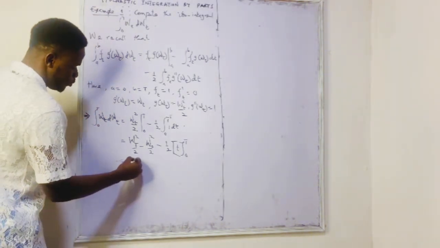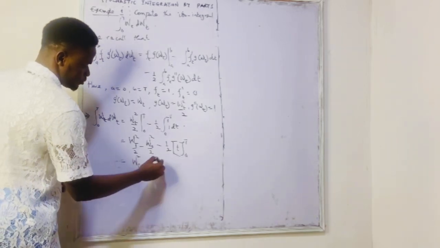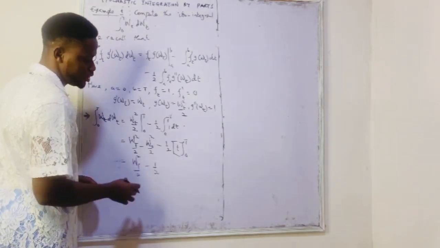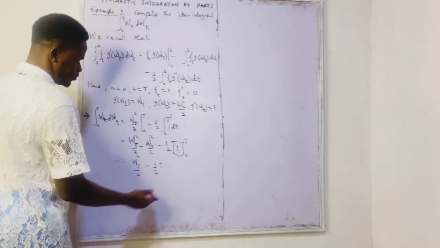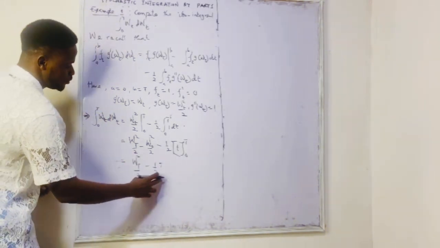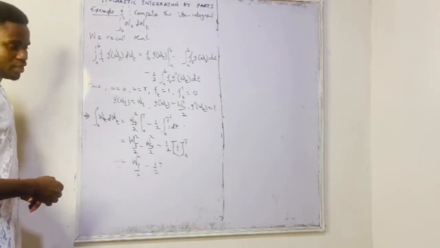So we'll be left with W_t squared. Then, if you put in the limit point here, I'll be having half t minus half times 0, which is 0. So this is simply the result of this Ito integral, as simple as that.